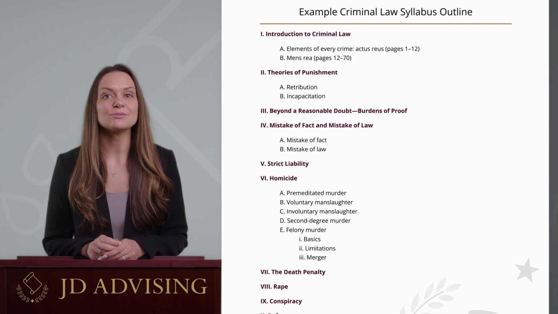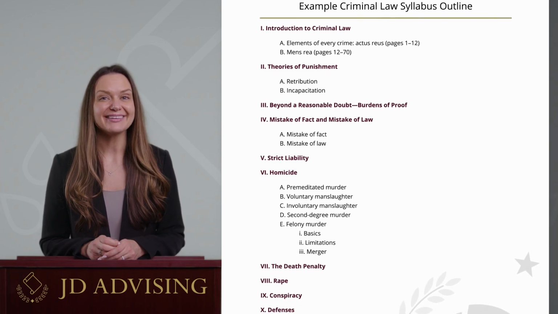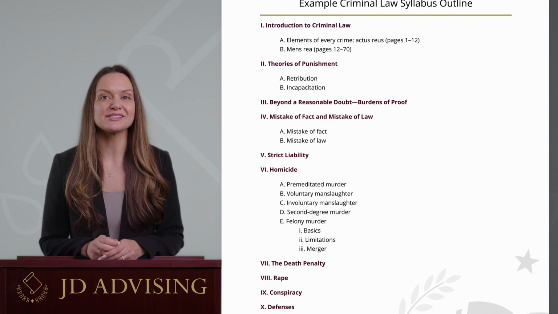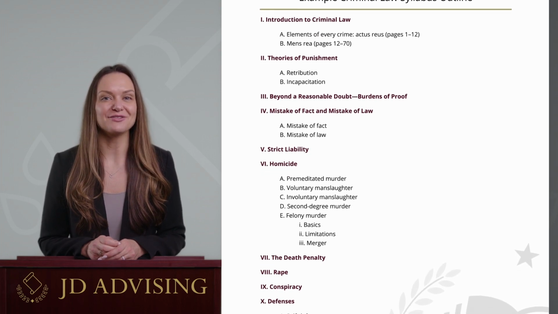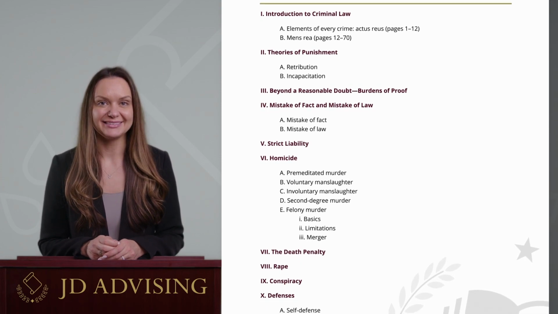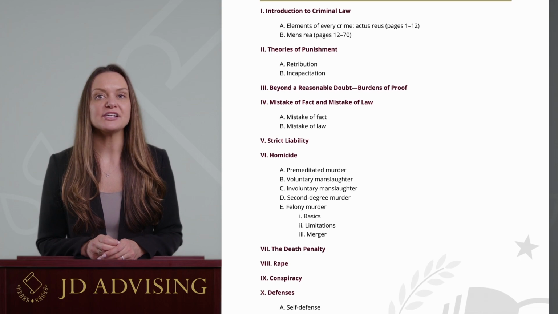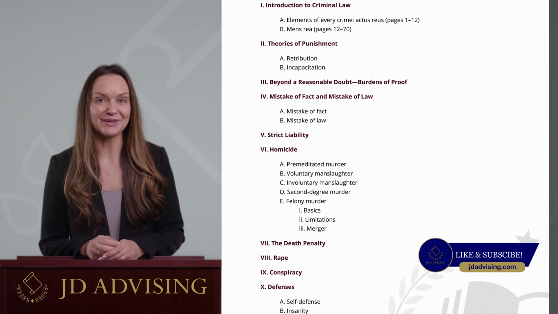Then the class moves on to the theories of punishment. Then after that, the class moves on to studying the burdens of proof. Then mistake of fact and mistake of law and strict liability. Then homicide.